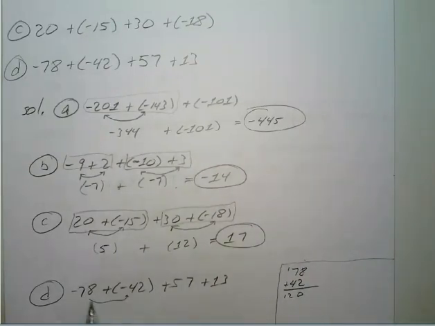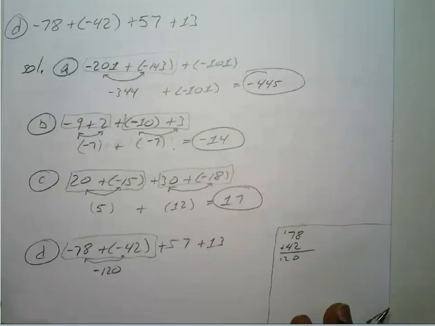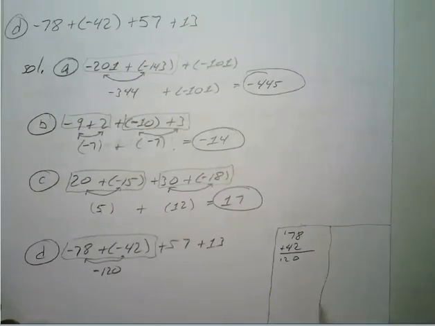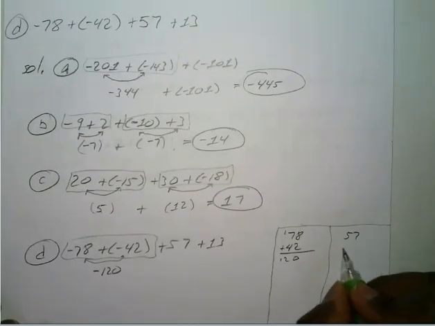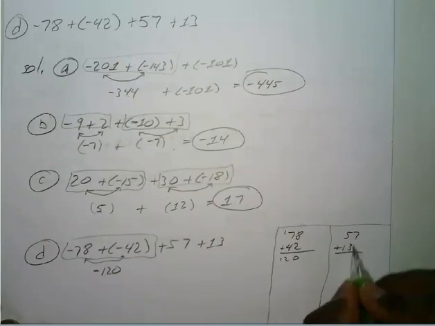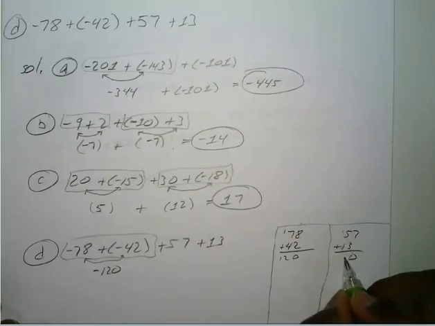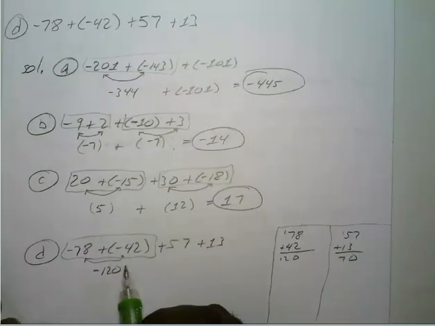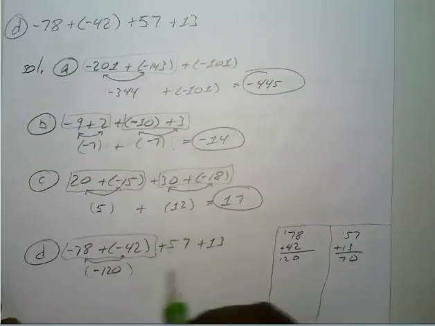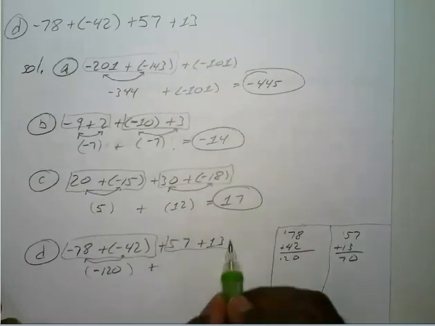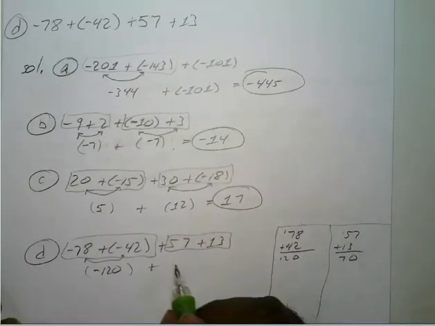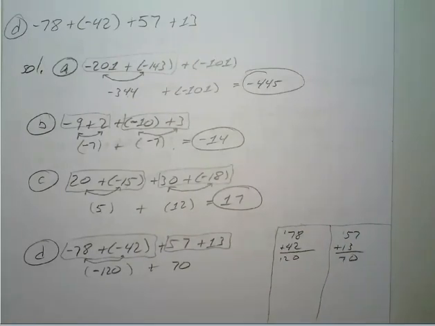So these two give you negative 120. Let me move that up a little. And we know that 57 plus 13 is 70. So negative 120 plus those two added together gives us 70.